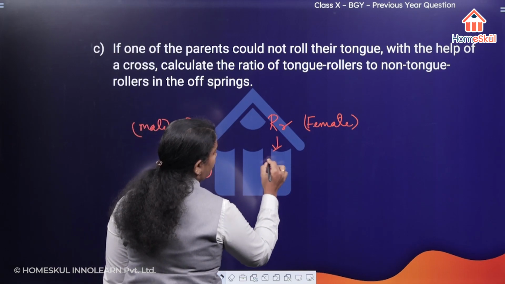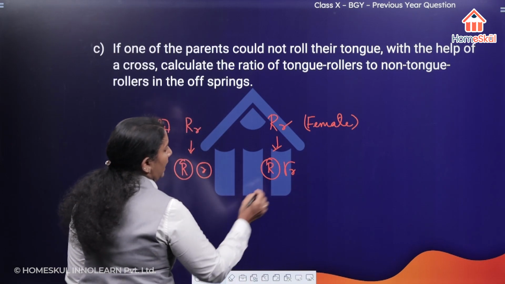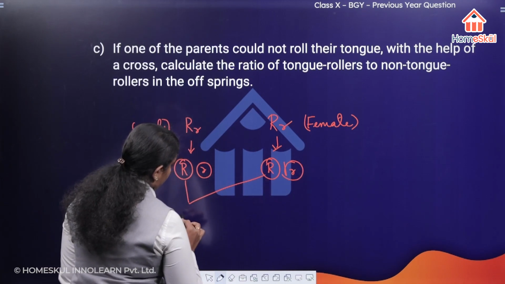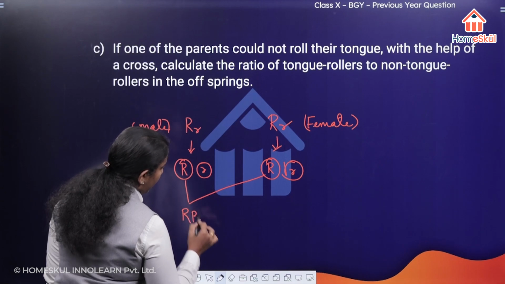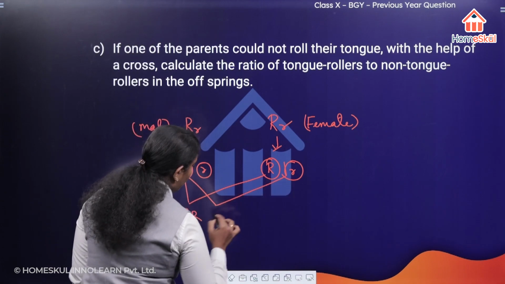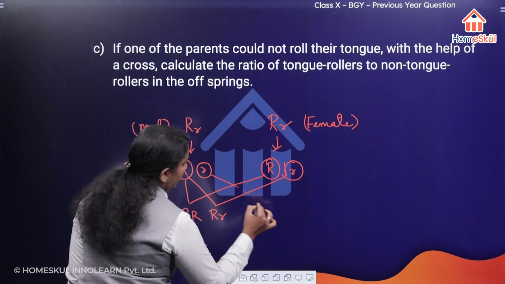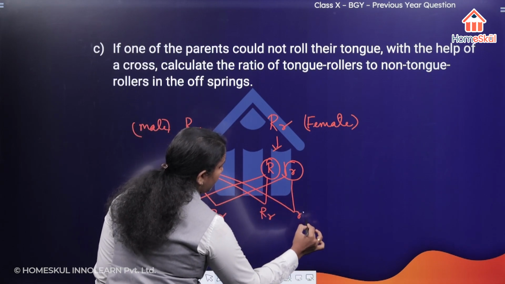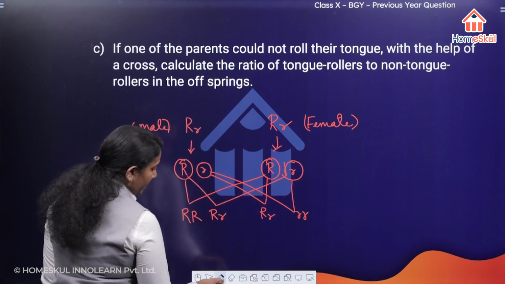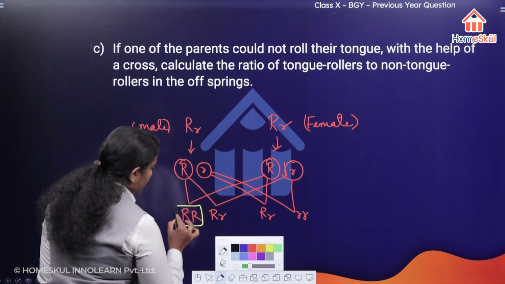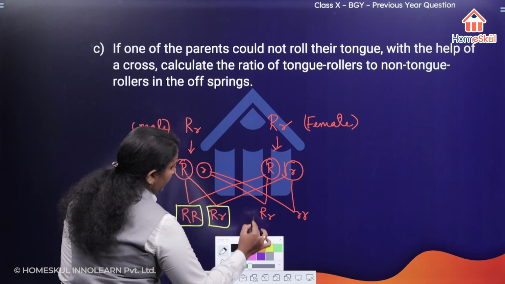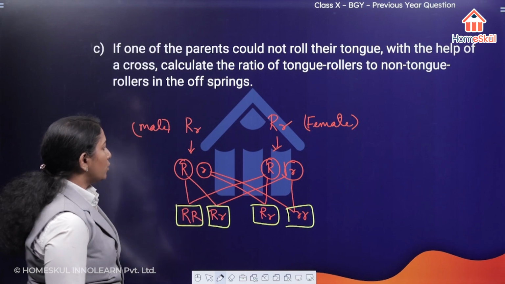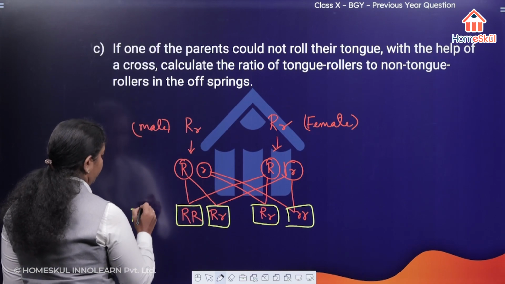We can cross these: capital R capital R, then capital R small r, then capital R small r, then small r small r. So these are the offspring in the F1 generation.